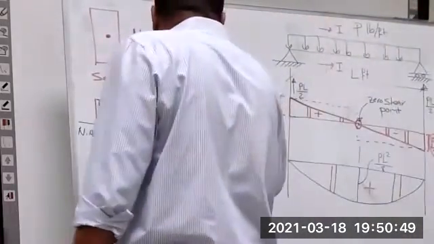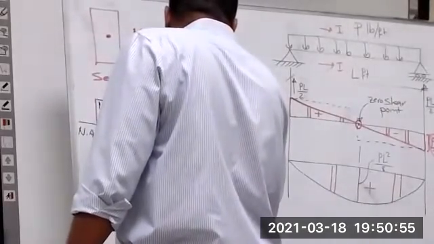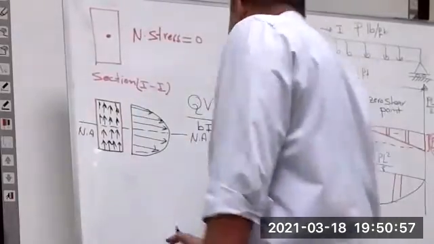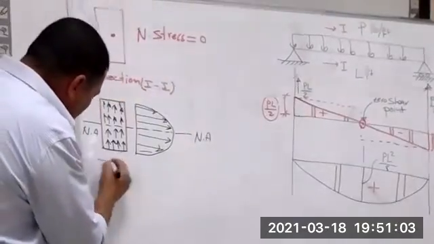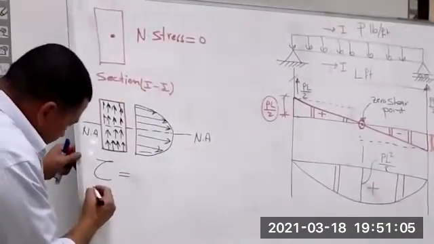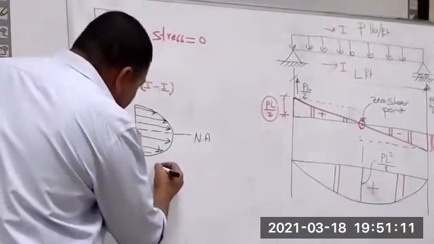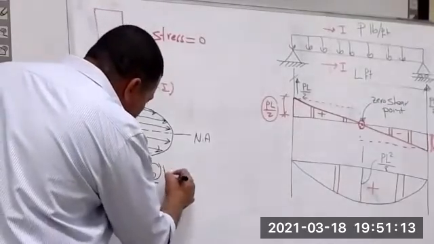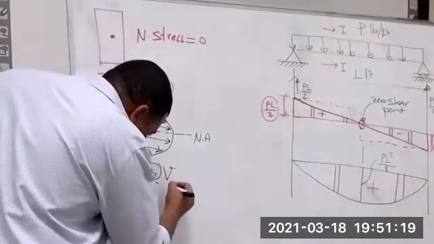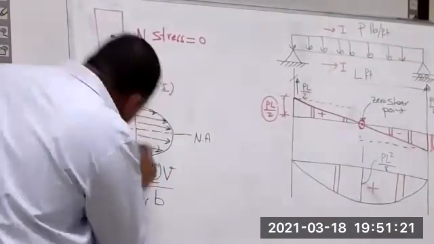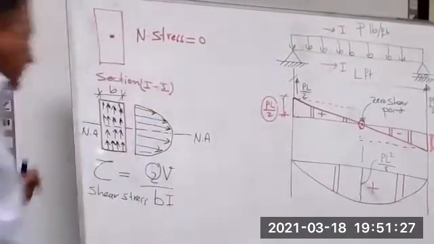Shear stress tau equals Q multiplied by V over I times B. Q is the statical moment of the section, V is the shear force, B is the width, over the moment of inertia of the section.